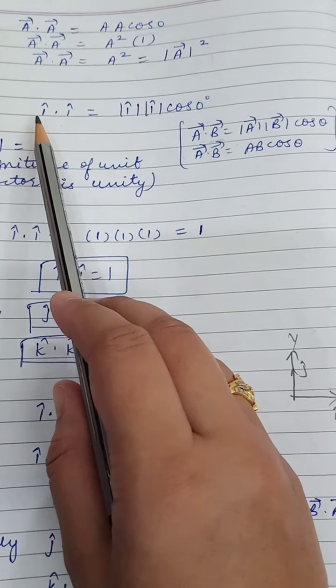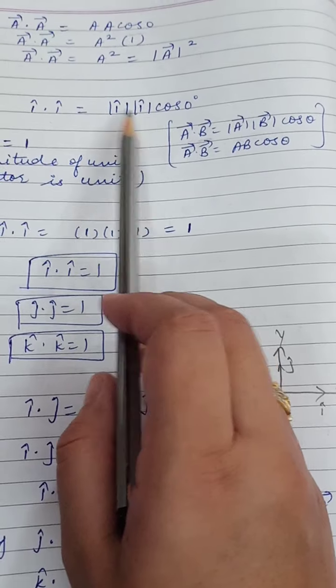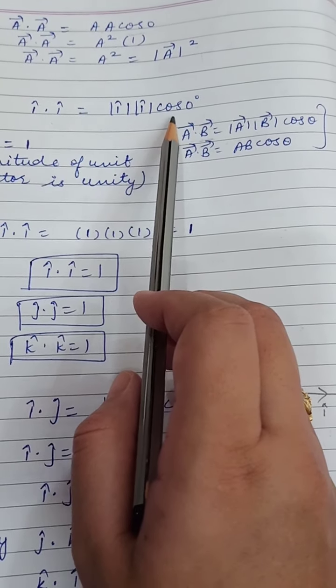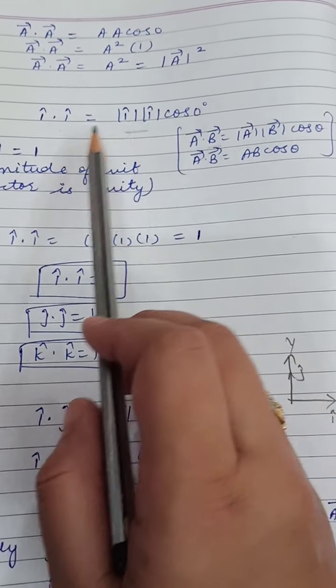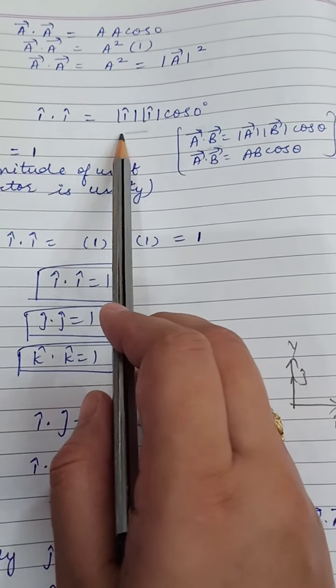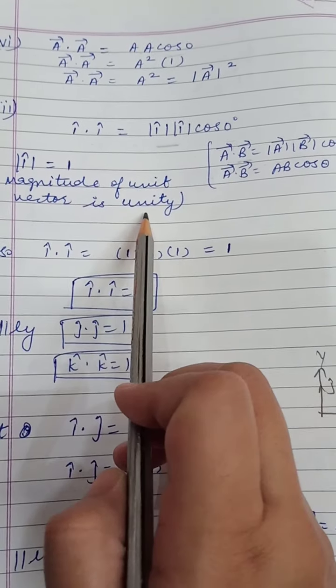So apply here. So i cap dot i cap is equal to the magnitude of this i cap, magnitude of this i cap, and the angle between the same base vector is again 0. So cos 0, the value of cos 0 is again 1, and we also know that the magnitude of the unit vector is also unity.